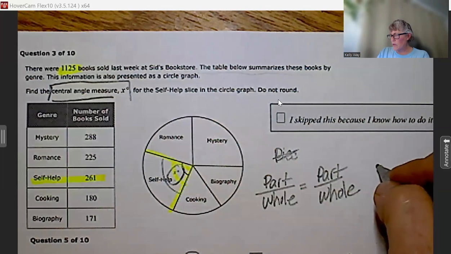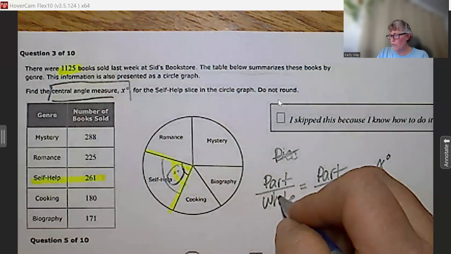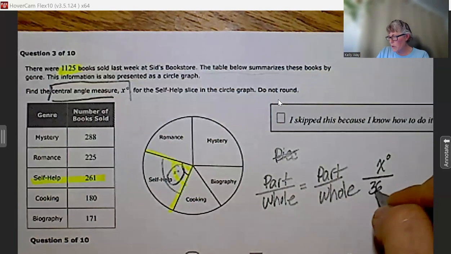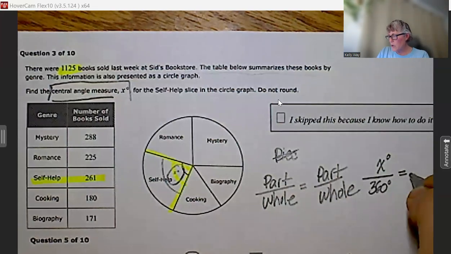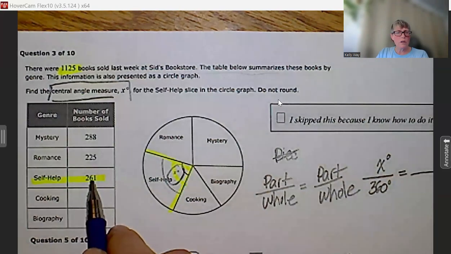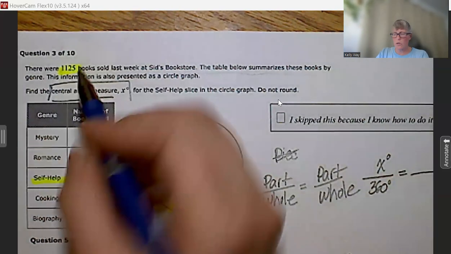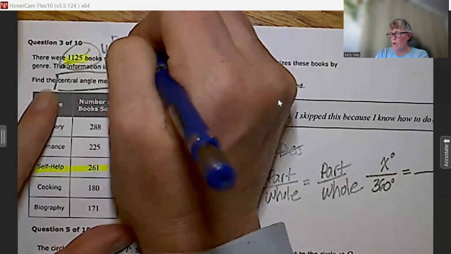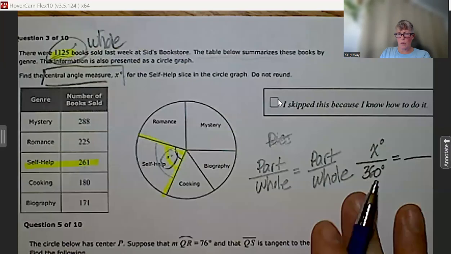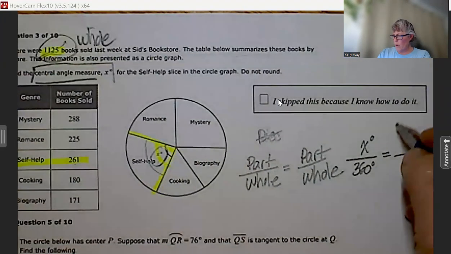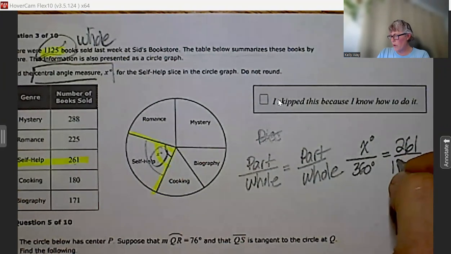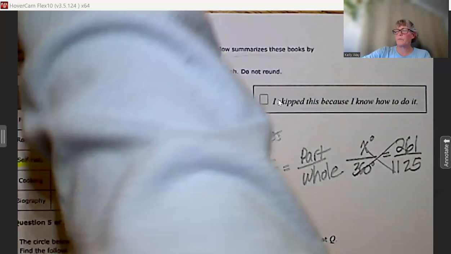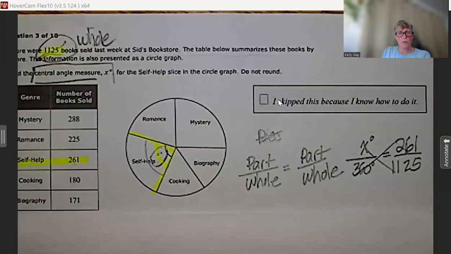So our X is a degree, so therefore the whole is going to be 360 degrees, equals part over whole. We're given the whole of the books. Part is 261 over 1,025.